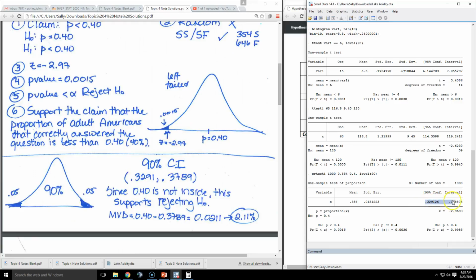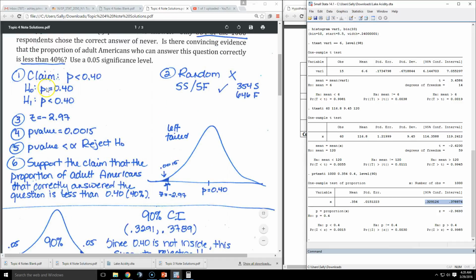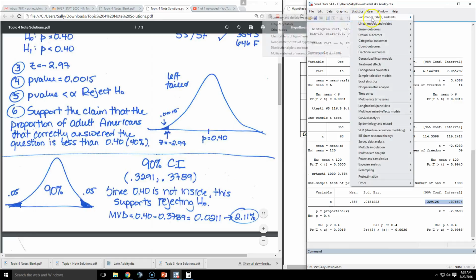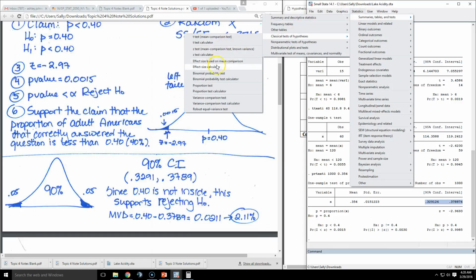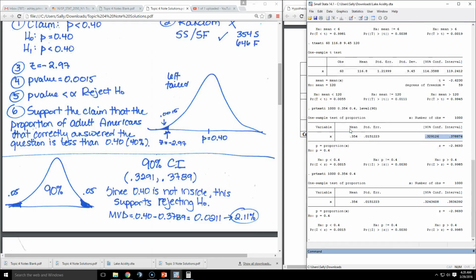So now the confidence interval for this data goes from 0.3291 to 0.3789. This does not have 0.4 inside, which supports the fact that we rejected H0. We said, hey, H0, you're not true. So 0.4 shouldn't be inside here, or else we would have a problem. I'm going to try something really quick. It's still not inside.